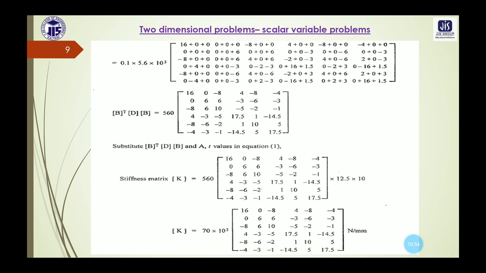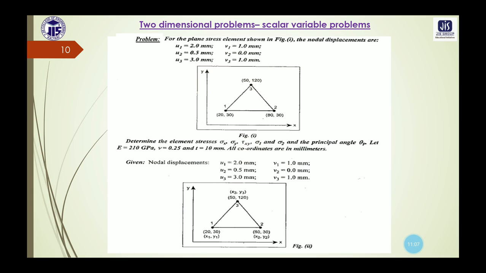So finally we are getting the stiffness matrix value in this way, that is 70 into 10 cube multiplied by a 6 by 6 matrix. This is the procedure to calculate the stiffness matrix for a given triangular element.